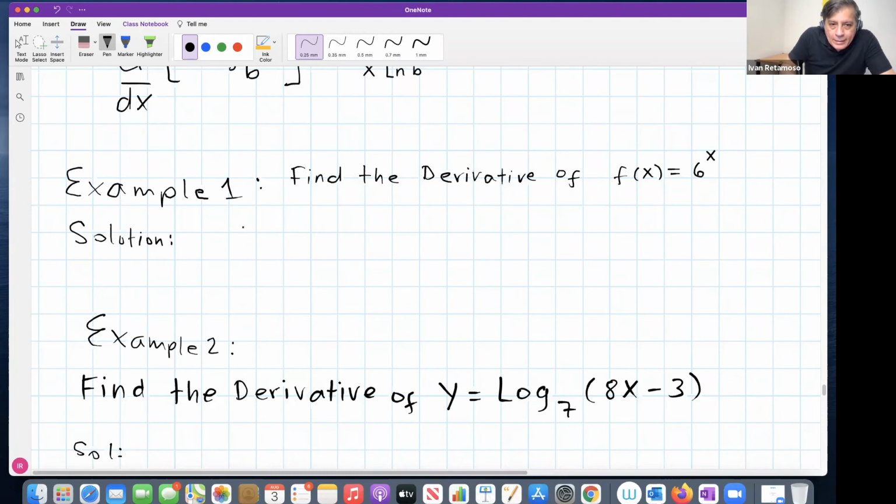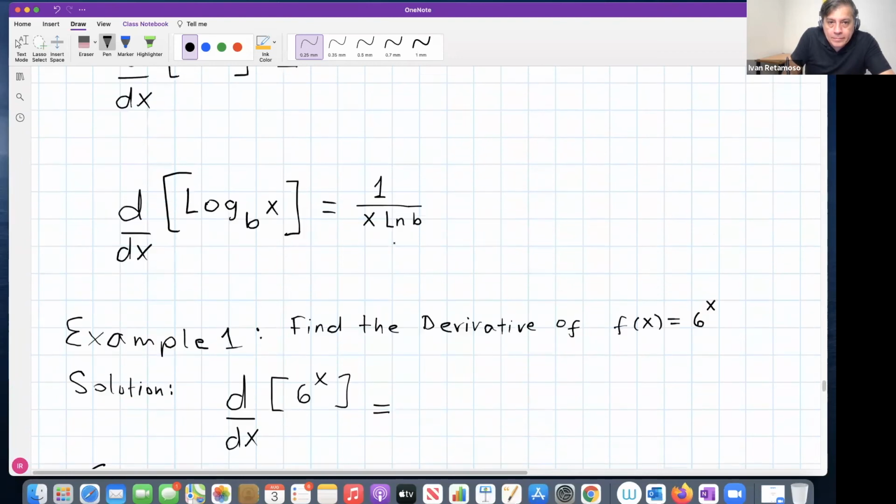What should be the derivative of the function 6 to the x with respect to x? Let's follow our formula here.